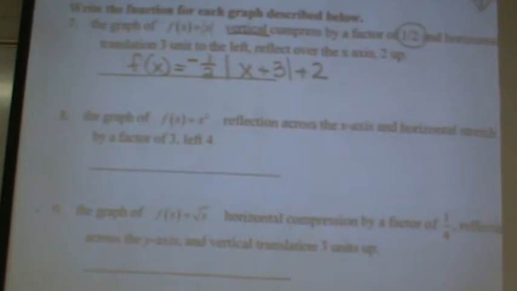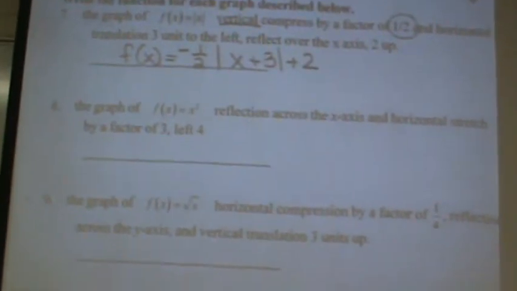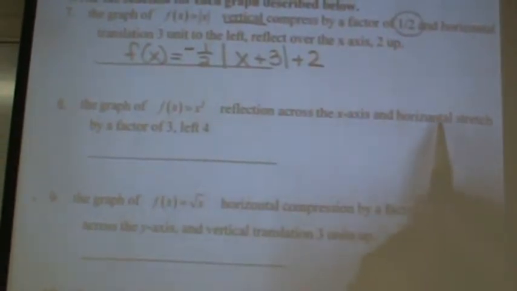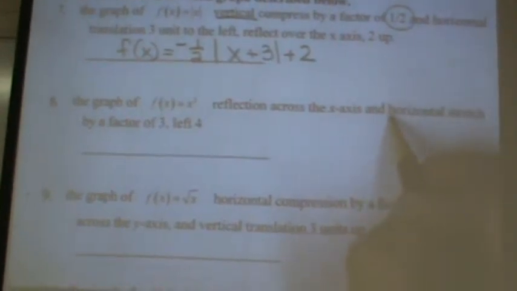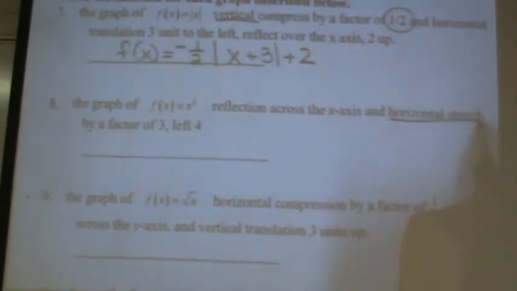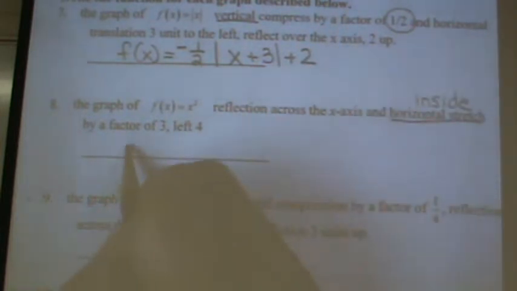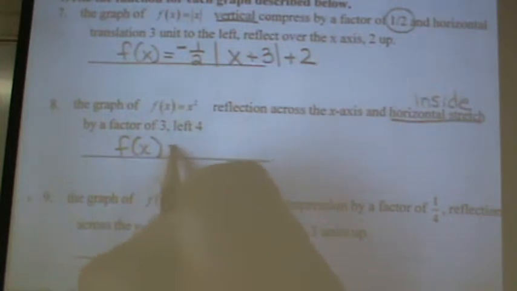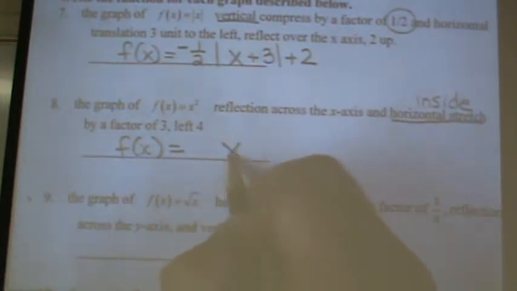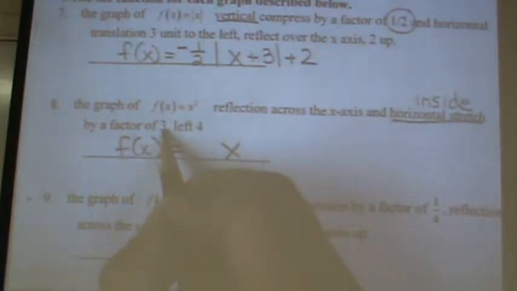Number 8, this one is a reflection across the x-axis, a horizontal stretch. The word horizontal goes inside or outside? Horizontal is inside. Vertical is outside. So this is f of x equals, okay, so I've got x squared, but I'm gonna go horizontally stretching this by a factor of 3.